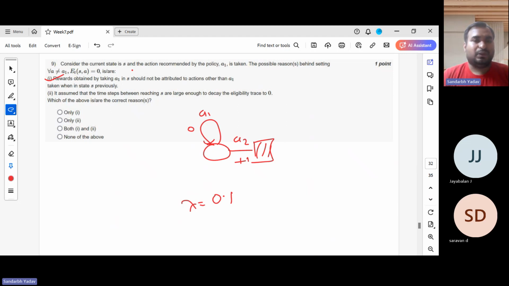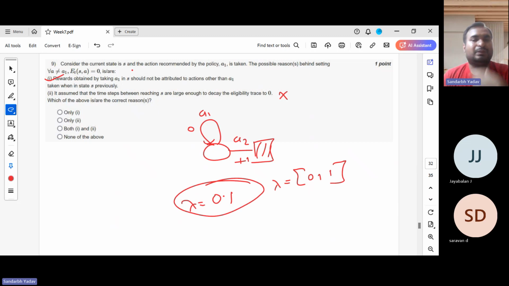So it might decay to 0, but we never made this kind of assumption, right? So this is not true. We can have any value of lambda from 0 to 1. For lower values, it might decay enough to become 0, but it's not possible for all values of lambda. So this won't hold always. So you can get the correct reasons from here.